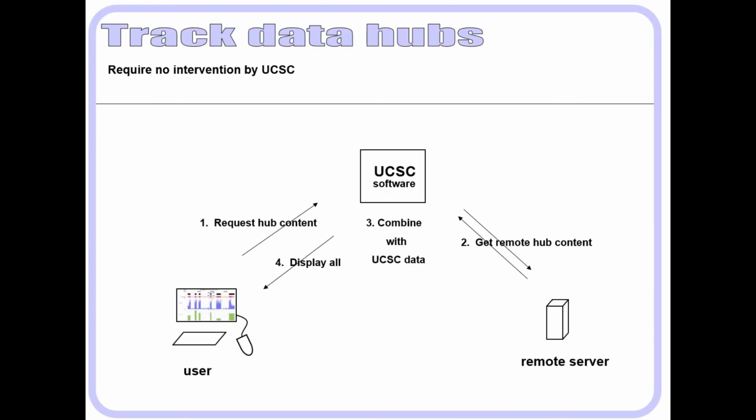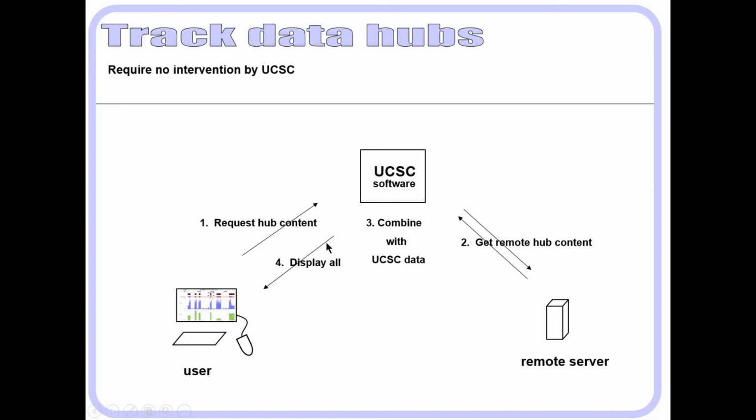We're also working to make Dropbox handle the byte range queries, the type of queries required to load the data into the browser remotely. So if you're loading data via TrackHubs, what happens is you make a request from your machine, then UCSC software will go out to the hub, which is some other location, and grab the data from there, bring it back to UCSC, where we can combine it with UCSC's data or your own data if you've loaded your own custom tracks.